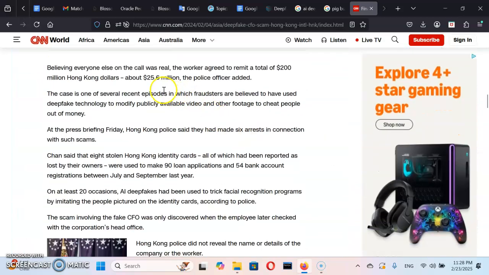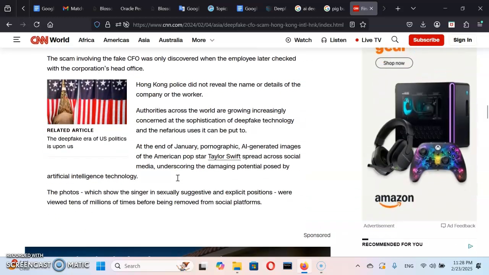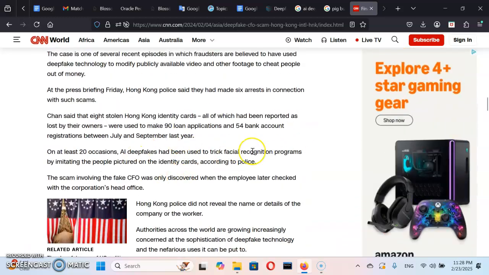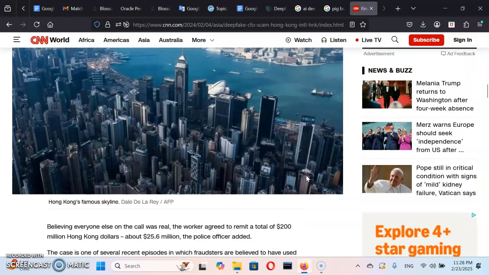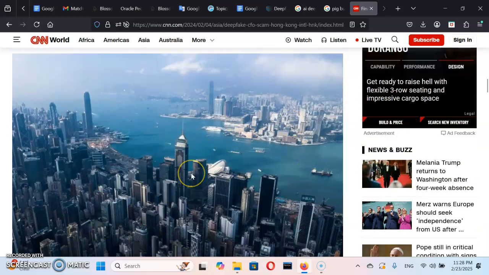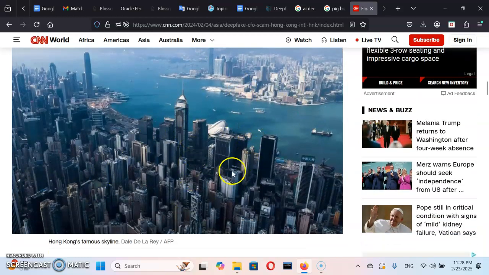Because of that, really quickly they wired over this amount of money, and then that's it. They found out it was fake, and it was already too late. They did contact the Hong Kong police, but at the moment they haven't found anyone yet. But this has been one of the largest, at least financial wise, when it comes to deepfake scams.